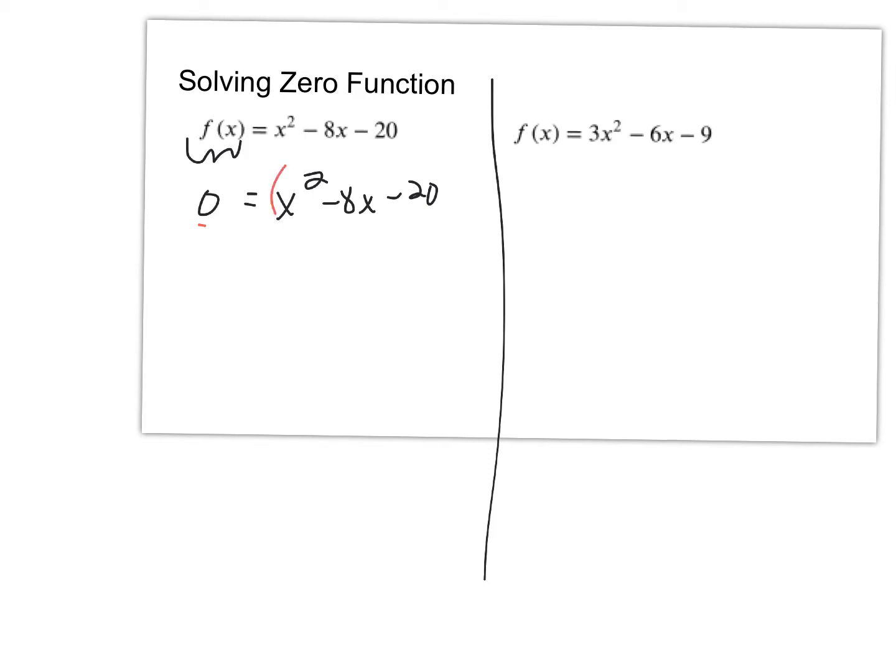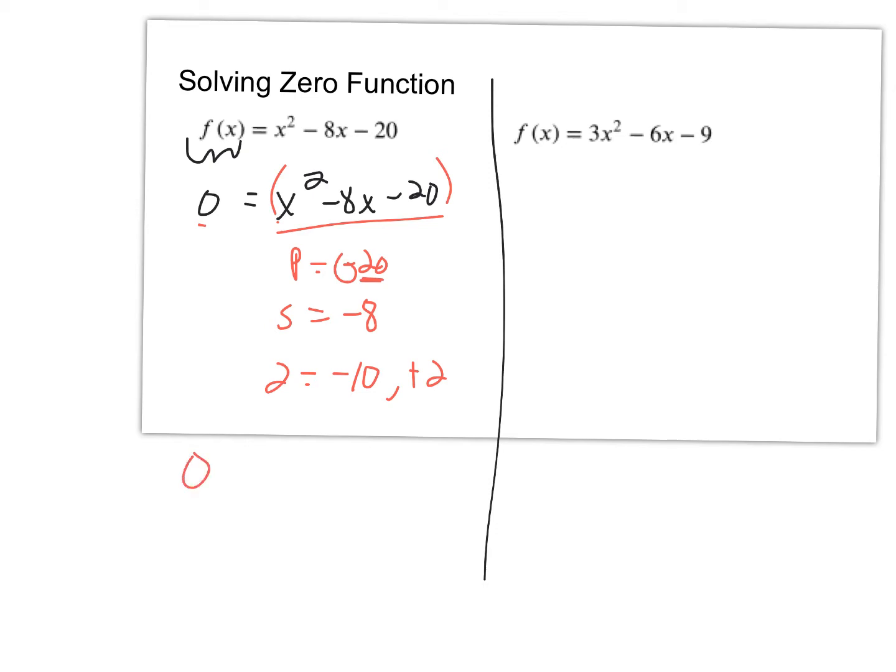Step 2 says to factor. Okay, so I've got 3 pieces with nothing in front of the square, so it's a PS2 again. Product is -20. Sum is -8. So our two numbers that multiply to -20 but subtract to 8 are going to be -10 and +2.